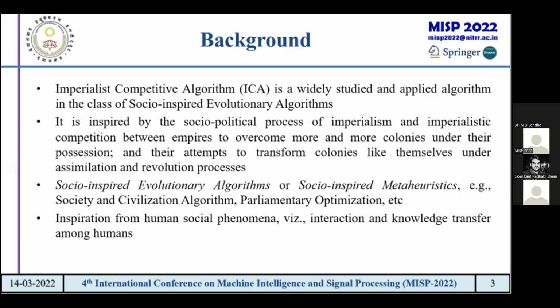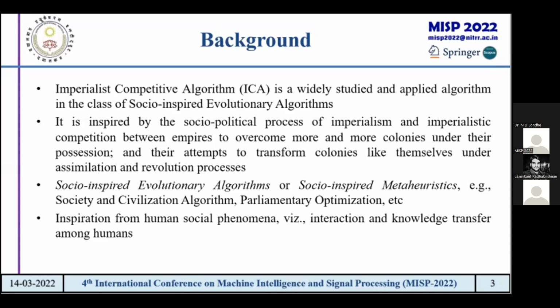Like the British built railway lines here, and they tried to impose themselves on us, obviously for their benefit, under two processes called assimilation and revolution. Revolution is the part the colonies do, and assimilation is the part the imperialists do.